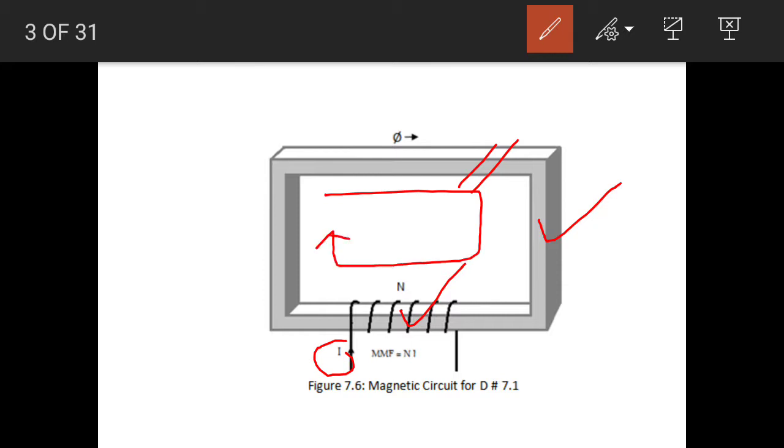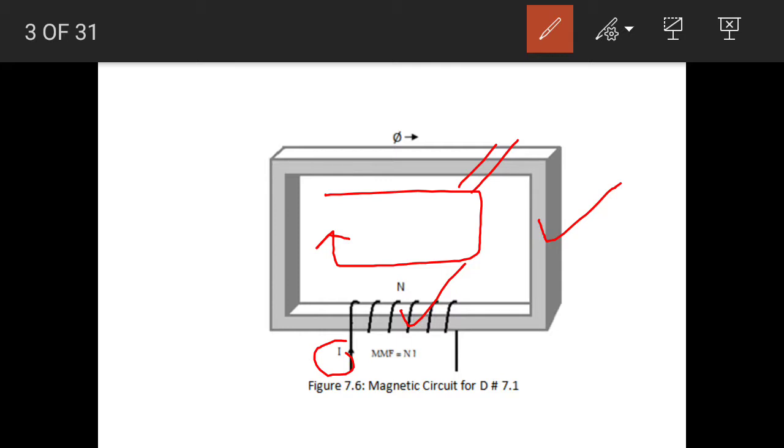This is in accordance with the right hand rule, and we need to calculate the magnetic flux which circulates in the clockwise direction in this rectangular ring.